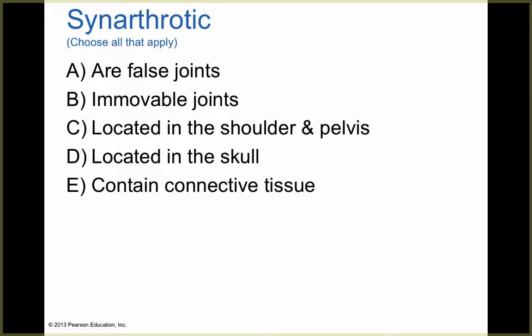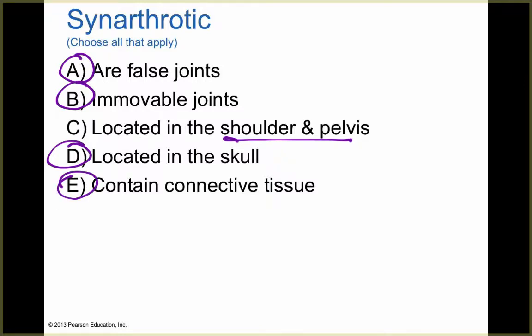So these are considered false joints. They're called false joints because they don't really move, and they end up becoming those sutures later, right? They are immovable. So that leads us to the second. They are immovable joints. They don't move. Now, are they located in the shoulder and pelvis? No, they are located where? D, the skull. And they contain what kind of substance?